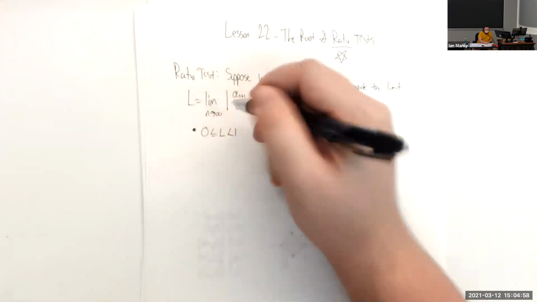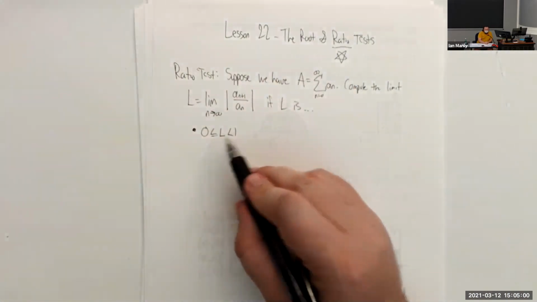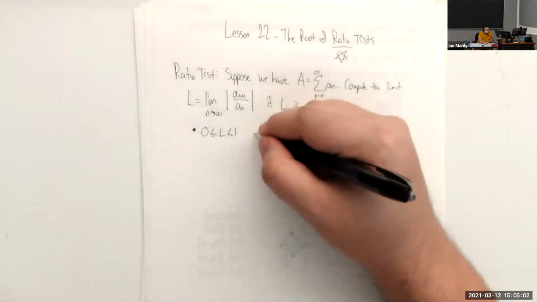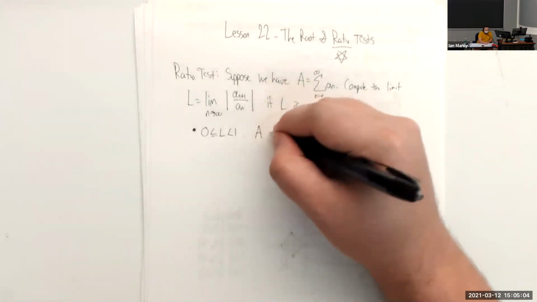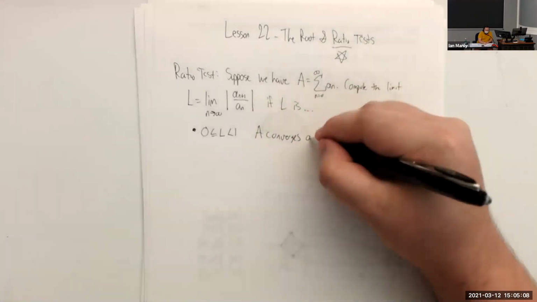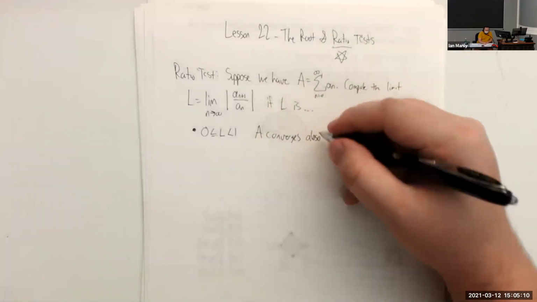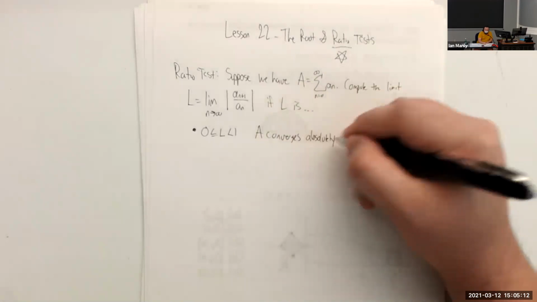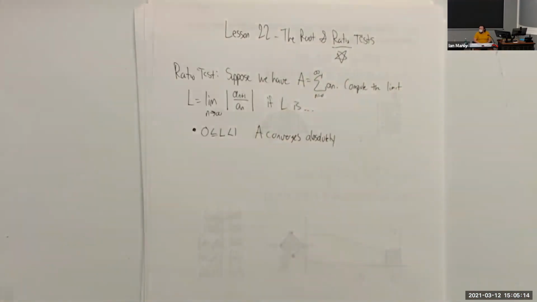If L is greater than or equal to 0 but strictly less than 1, then A converges, and it actually converges absolutely. Remember, converging absolutely means that even if it had an alternator, it didn't need it to converge. It's going to 0 so quickly that it doesn't matter whether it has an alternator or not.